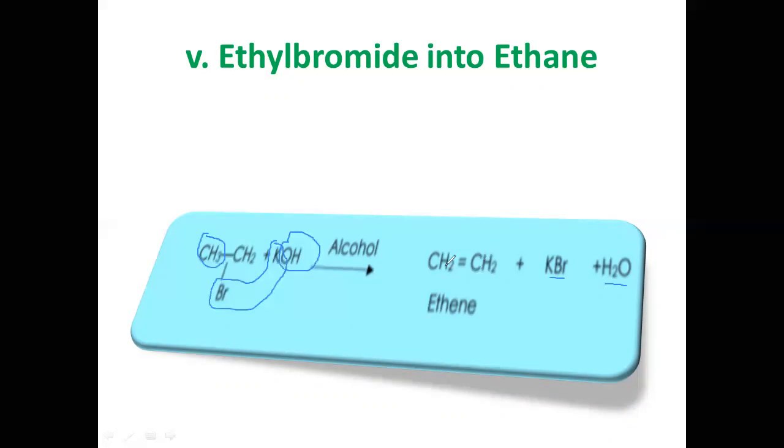These two carbon atoms will share electrons with each other and will form a double covalent bond. So in this way, ethyl bromide will be converted into ethene in the presence of alcoholic potassium hydroxide. Ethyl bromide will be converted into this ethene.